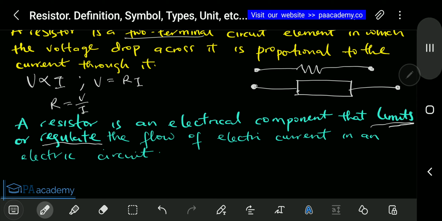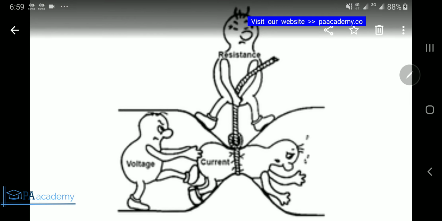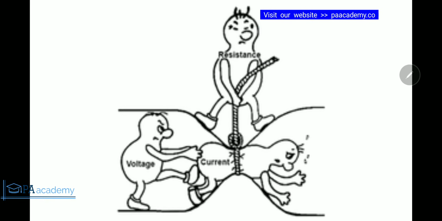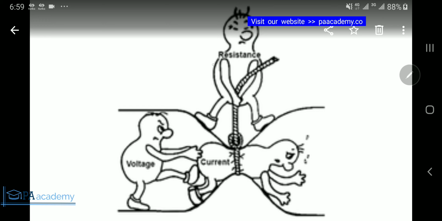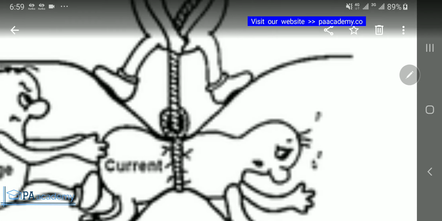Now let me use this diagram here to explain what this is saying. If you look at what we have here, this one at the top, if you look at it closely, resistance is written on it. So you can see that the resistance is what is regulating the current. The current is this guy that is trying to pass through this channel.